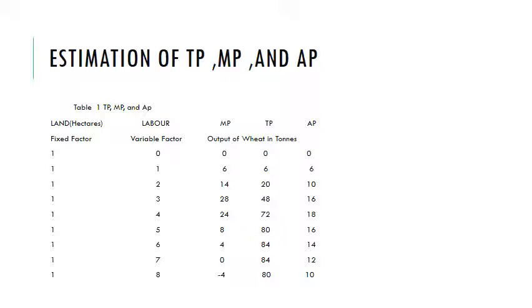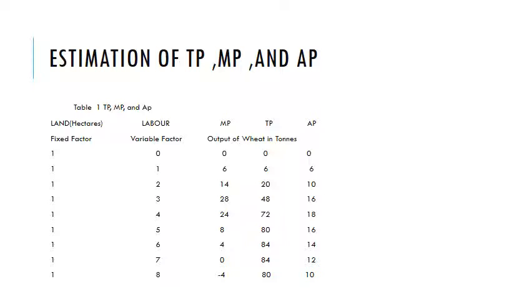Marginal production, as you know, is calculated from total production. It is TPn minus TPn minus 1. So when one labor is employed, marginal production is 6. It is 6 minus 0, equal to 6. In the same way, we can calculate the marginal production of more and more units of labor.